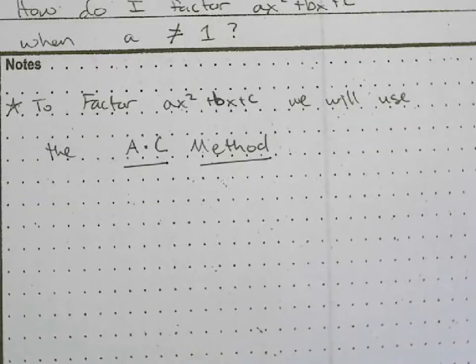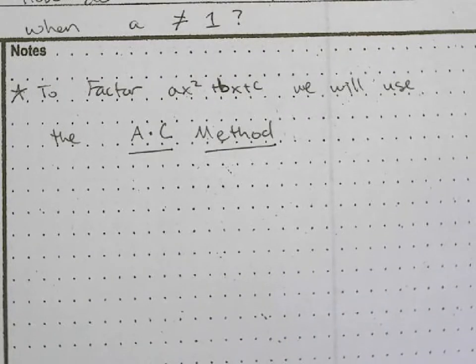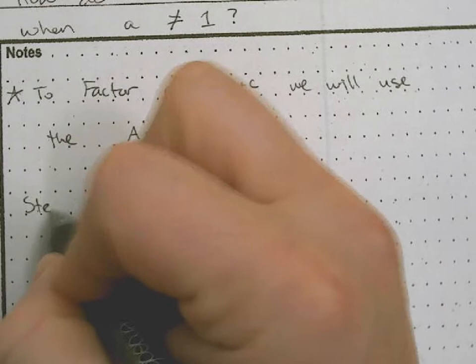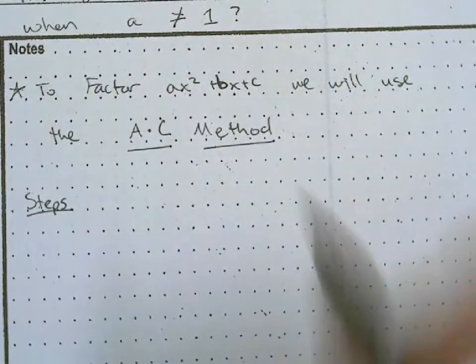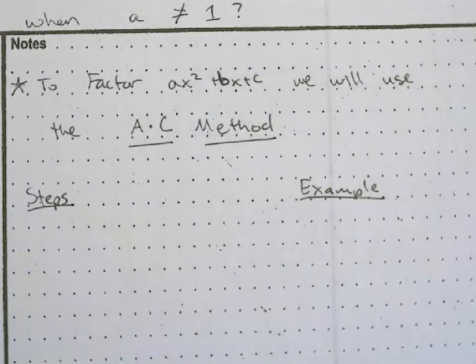The AC method is a method of organization and doing side work to help us factor these things. So we'll do our steps on this side, and we'll do our example on this side.